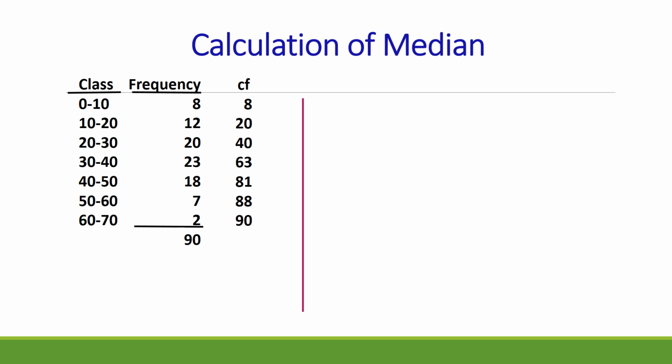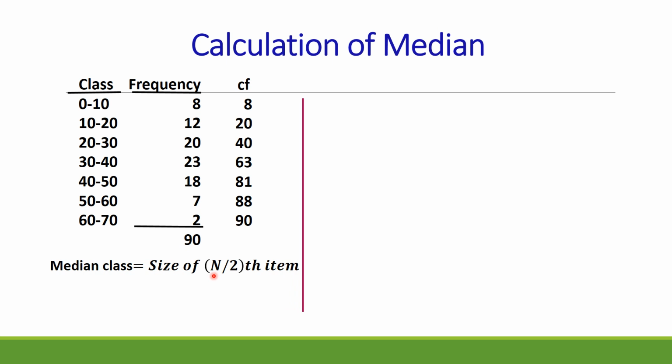And the first formula is applied to find the median class, size of n by 2th item. Here you should note that unlike the individual series and discrete series that use n plus 1 by 2th item, in the case of continuous series, to find the median class, we are using size of n by 2th item. N plus 1 is not used here.